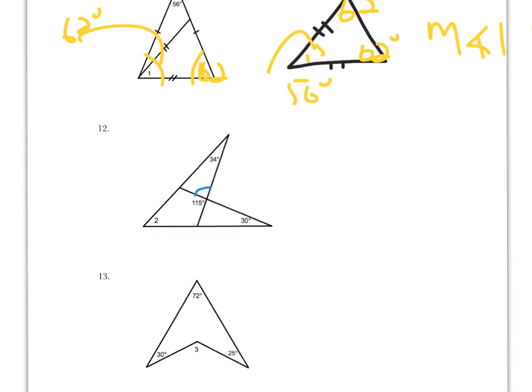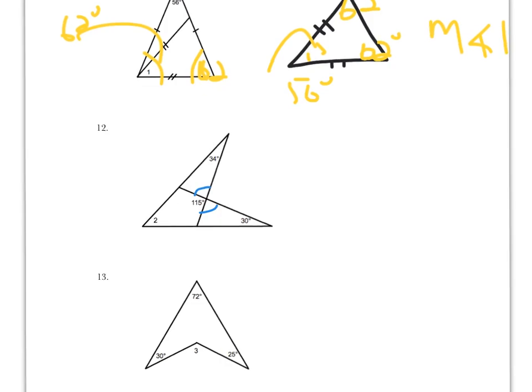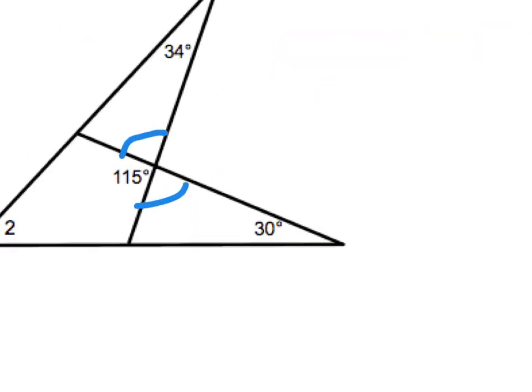Now for the number 12, there's really a lot of different ways to go about doing this. I'm going to recommend you find the angle that I marked in blue, either one to be honest with you, to get started. When you do, you will see that this angle here is 65 degrees.